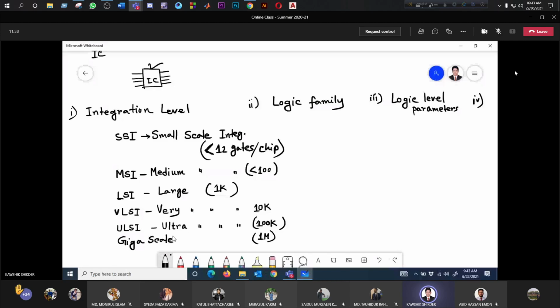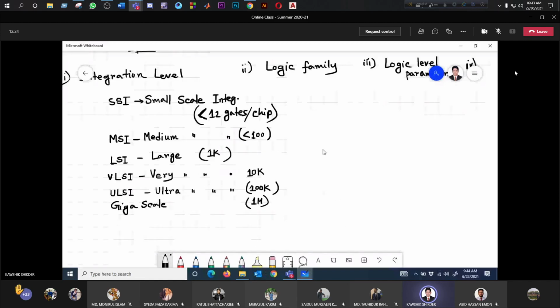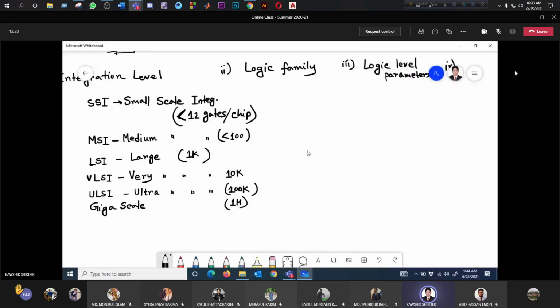So these are the integration levels. Is it clear? Yes, sir.